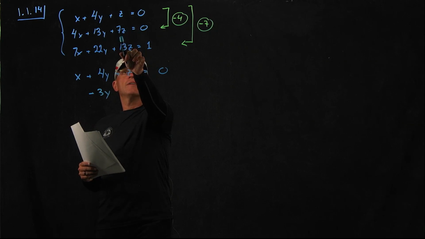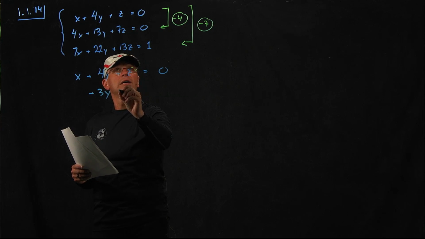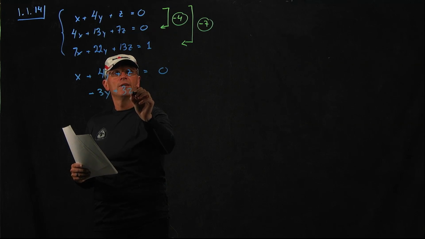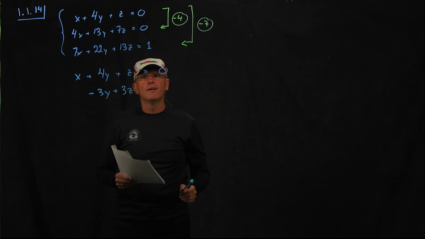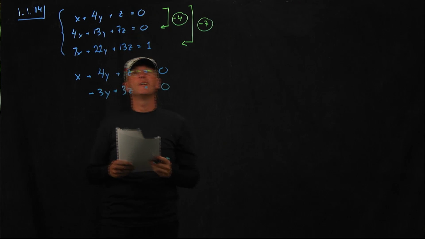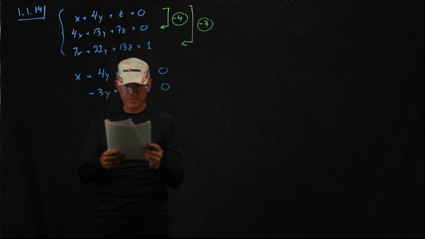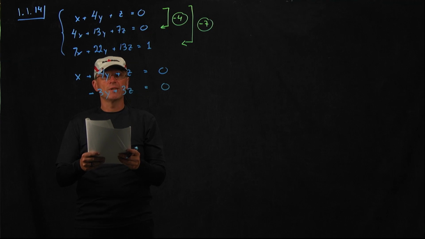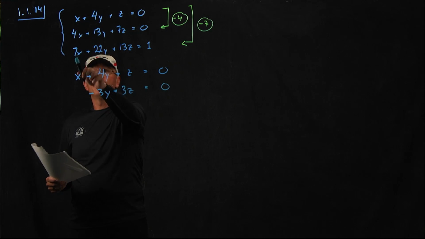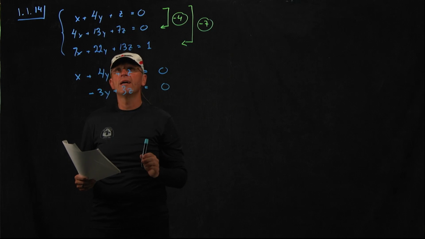Then we have 7 minus 4. So that gives us plus 3z. And the 0 stays, right? Because we're subtracting 0 from 0. Let me just make sure that my notes agree with me. So far, so good. Okay, the x's go away.